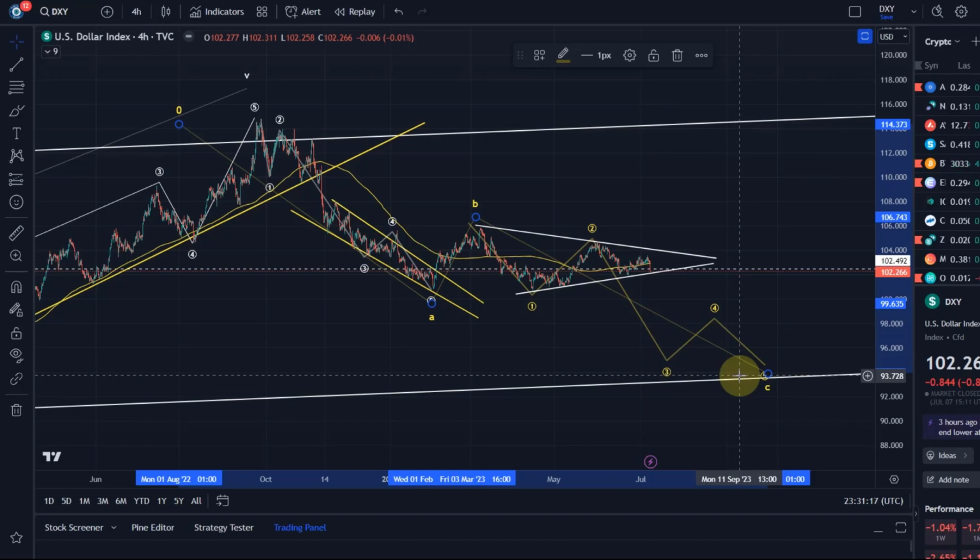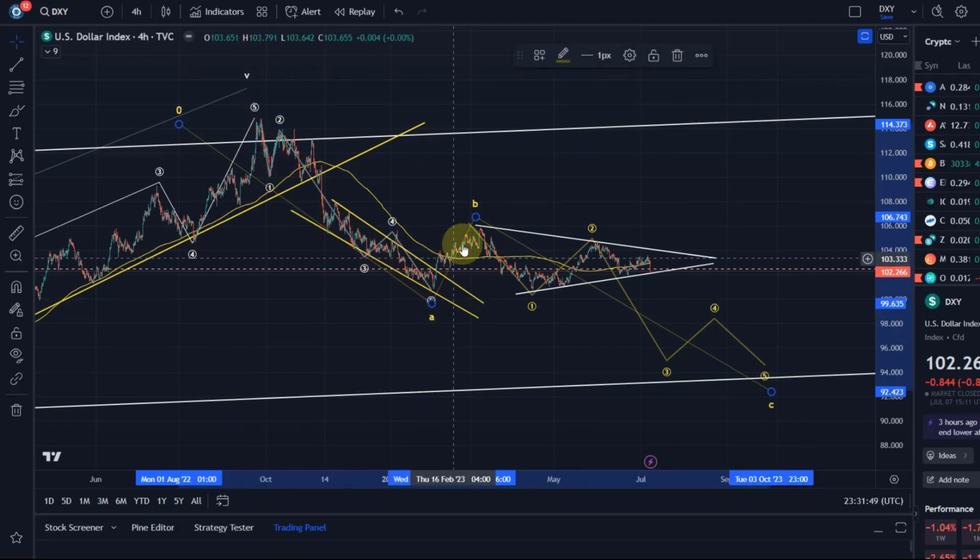Now again, there are various ways this can unfold. In the first way sketched out here, unchanged from previous videos, we would see a direct sell-off down from here. Off this September high that we made at around $115, prices come down in what I count as an A wave, the first wave of this ABC correction to the downside.